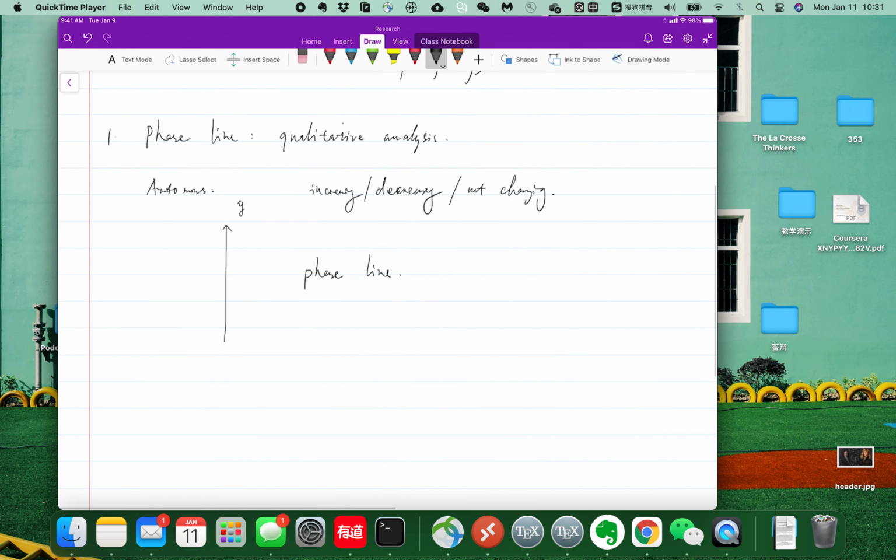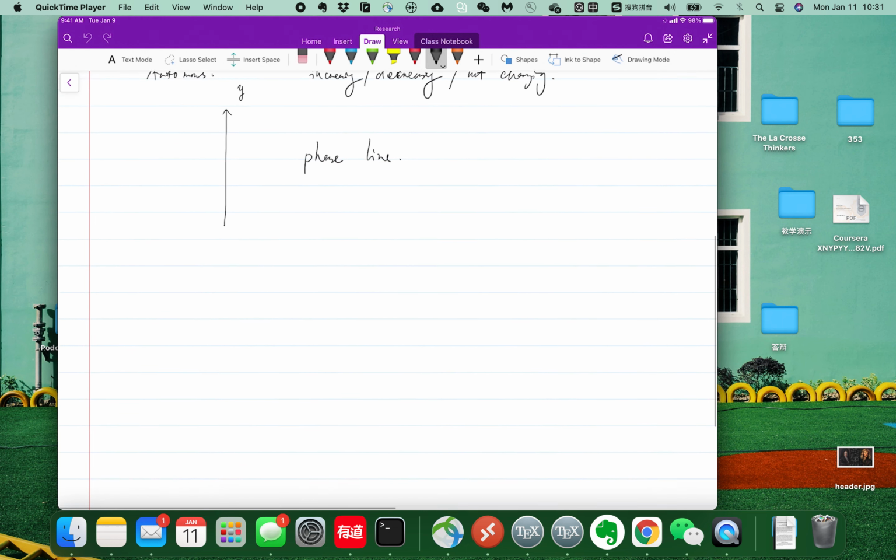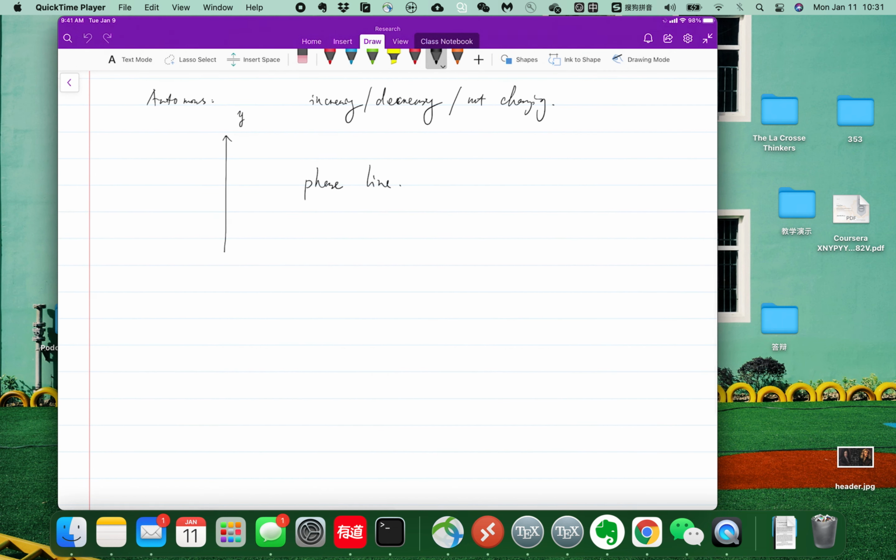Okay. Now all we need to do is just put on this phase line where the function is increasing, where the function is decreasing, and where the function is not changing. But now ask yourself, how do you find that? Well, it's very easy. What do you mean by increasing or decreasing? Increasing means y prime is bigger than 0. Decreasing means y prime is less than 0.